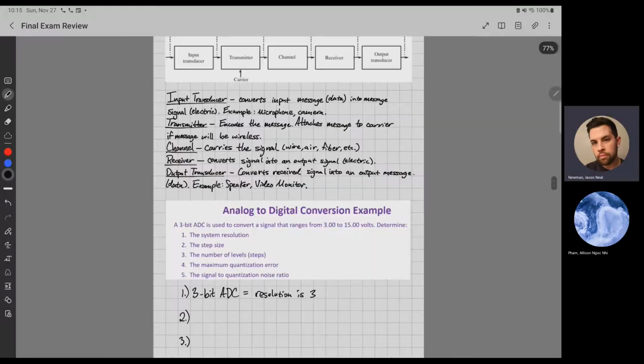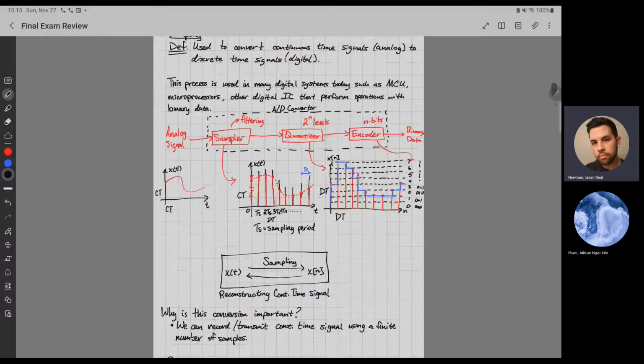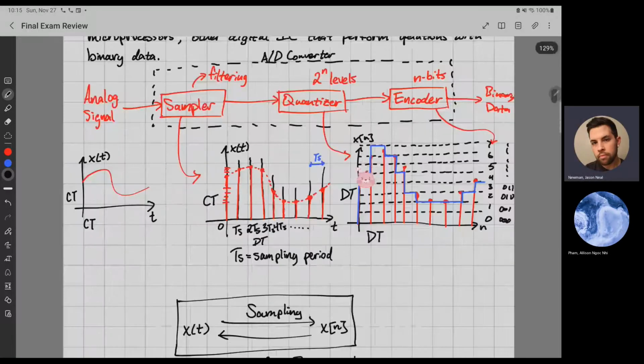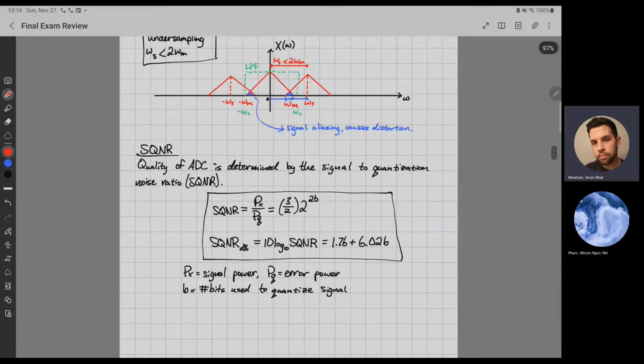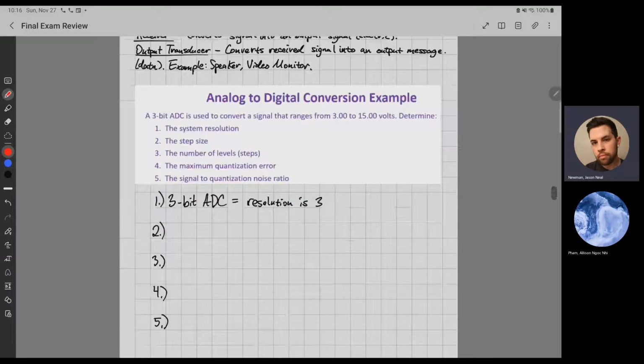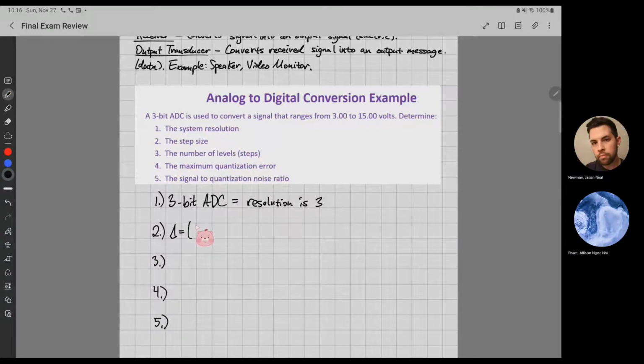is, let me scroll back up here so you can see. The step size is this right here. Let me draw it. The step size is from here to here, the distance between these dotted lines. I know there's a formula for it, and it's on the y-axis. Let me double check. Yeah.